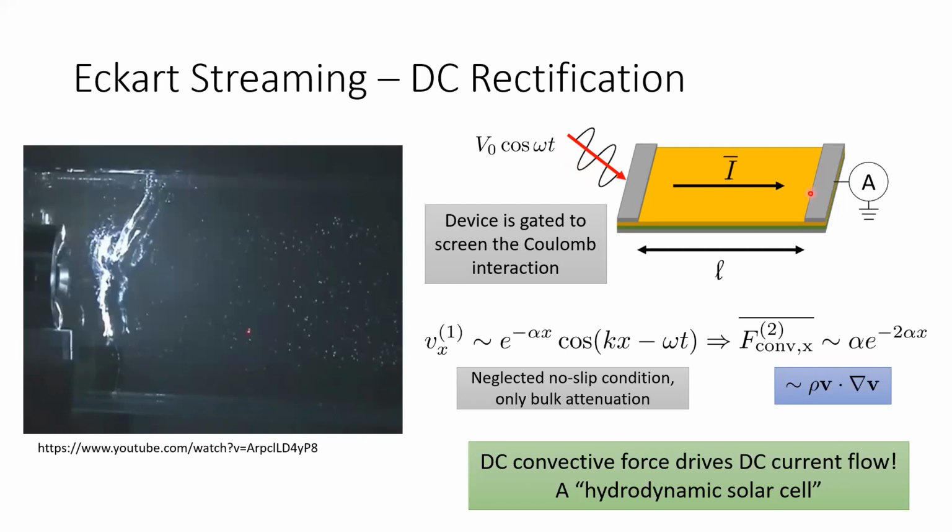Now, one of the differences from a typical solar cell, say a PN junction, is that while in a PN junction your parity breaking is coming from the fact that you have P and N, the material itself is parity breaking. Here, what's breaking parity is the fact that I have dissipation in the system and I have asymmetric boundary conditions. So, the left has oscillating voltage and the right is grounded.